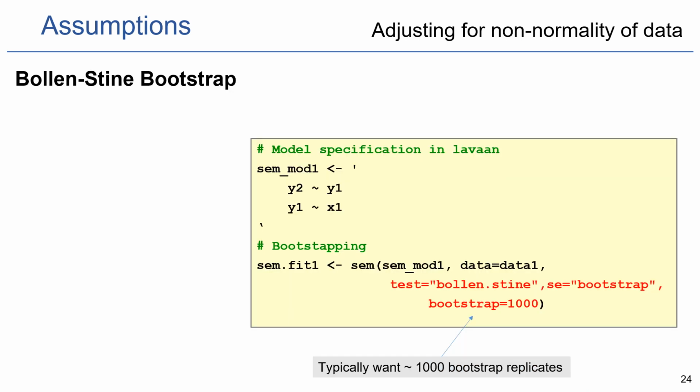Another option to adjust for the non-normality of data, as I have mentioned already, is bootstrapping. For this, in our SEM function, we have to specify the argument test equal to the Bollen-Stine method, and standard errors equal to bootstrap, and usually we use bootstrap replicates around 1000 or more.